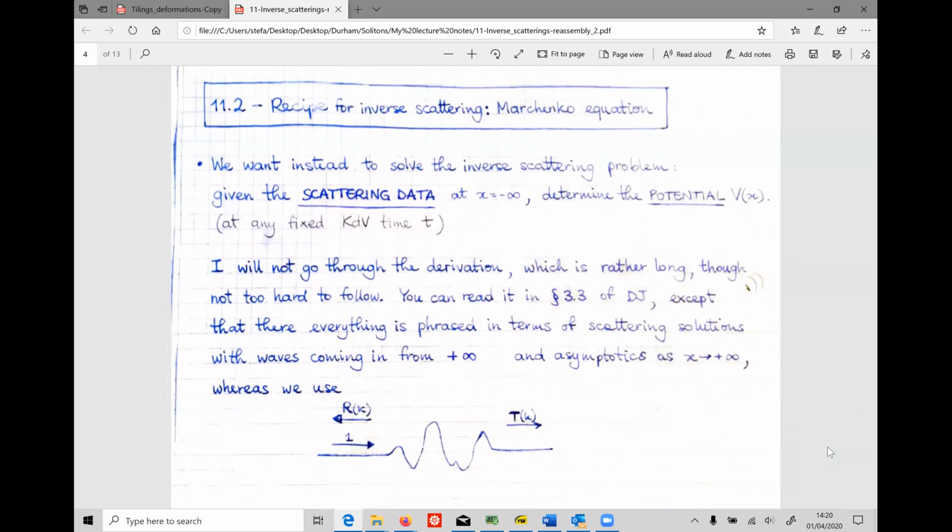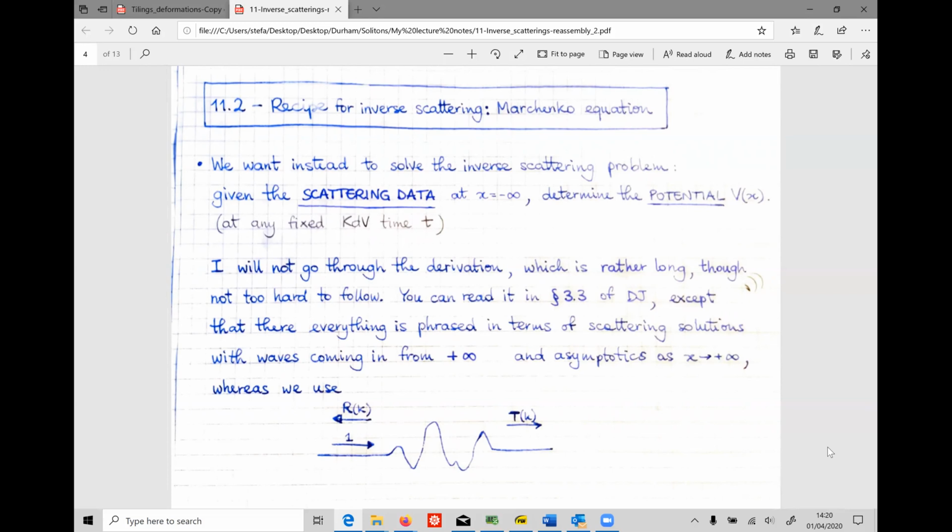Because of lack of time and also because it's rather long and tedious, I will not go through the derivation of this recipe, but I will just state it for you.